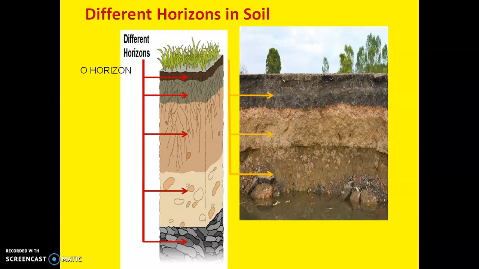Each horizon has different characteristics from the layer above and below it. The characteristics can be color, texture, presence of organic and inorganic matter, particle size distribution, water content, and other physical and chemical properties.